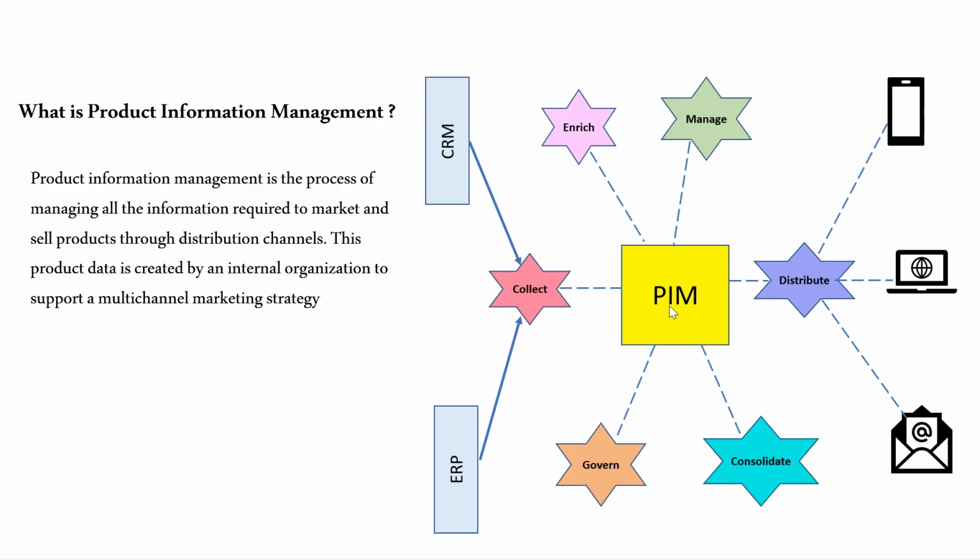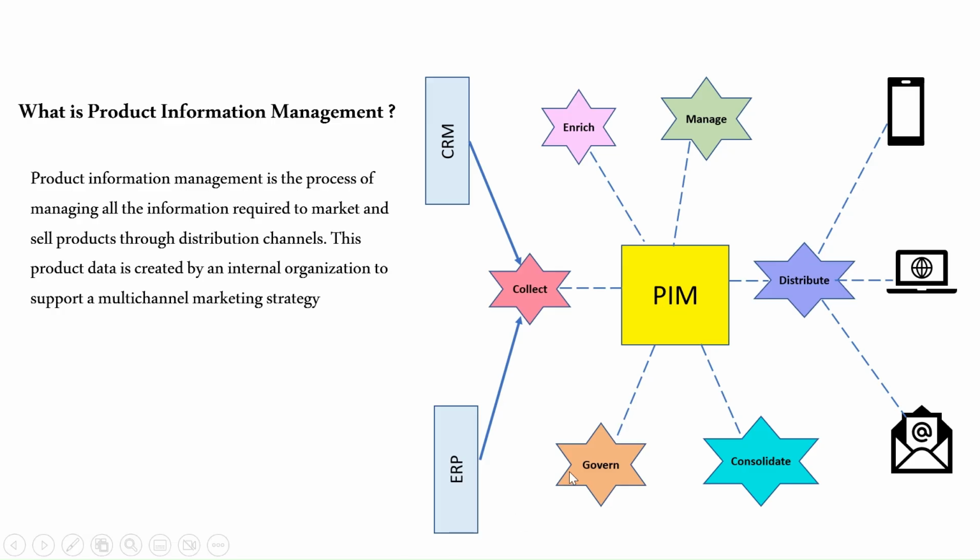Hierarchy means if I just want to see footwear, inside footwear I will have the option of women footwear and men footwear. Inside women footwear also I'll have options for sleepers, heels, flats, all these options will be available. So this is a hierarchy. This management of information is actually done in the PIM.